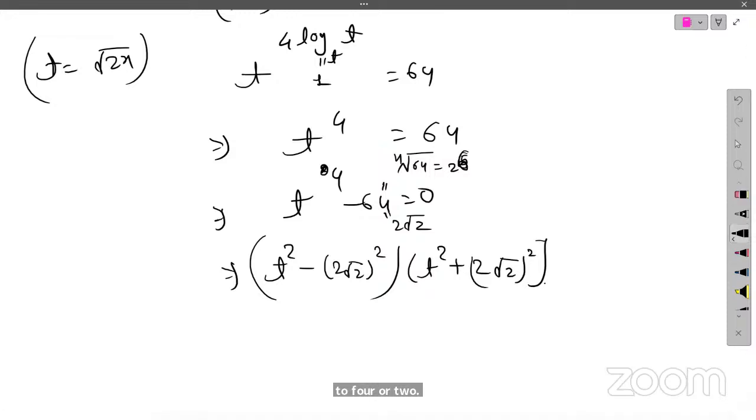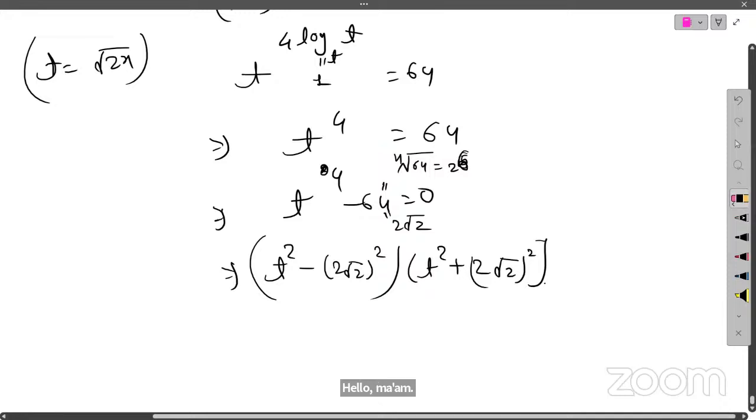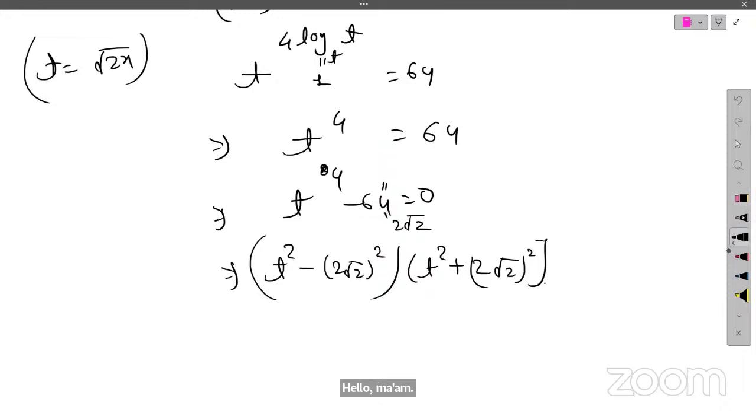Fourth root of 2 will be there. Just replace t raised to 4 with root 2x. Okay, that will help.